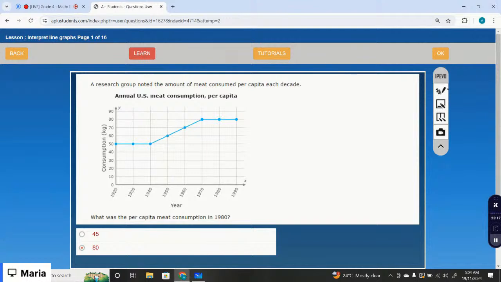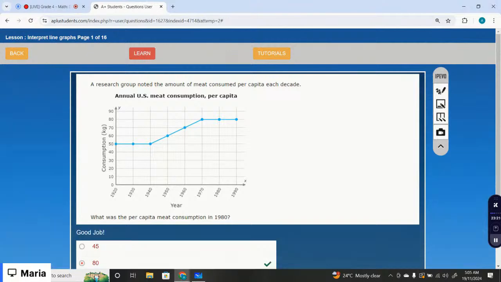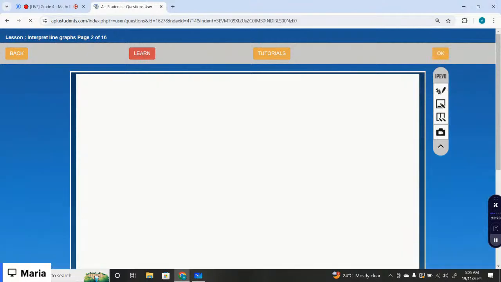Here is 1980, right? Match it to the y-axis, that is 80 kilograms. Option number 2 is the correct option.